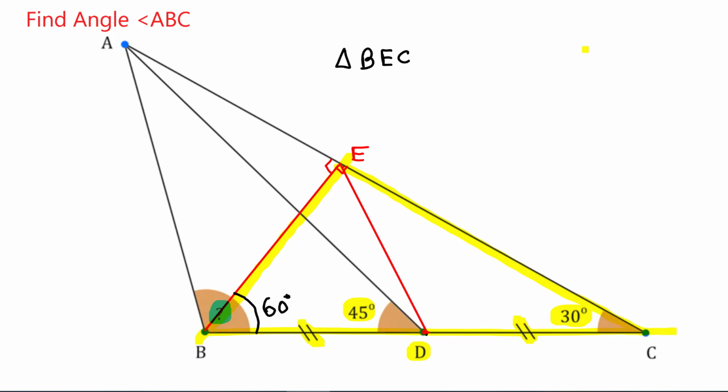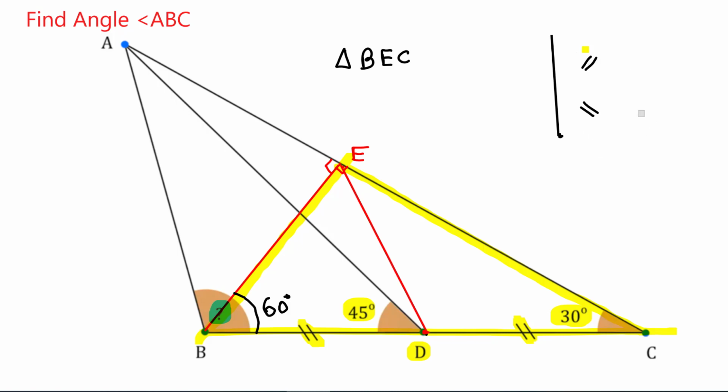D is the midpoint, so we are connecting point D, the midpoint, with the vertex E. There is a theorem that says in a right angle triangle, the midpoint of the hypotenuse is equidistant from the vertices. If you have a right angle triangle and the midpoint of the hypotenuse, this point is equidistant from the vertices. This means this length is equal to this length is equal to this length.